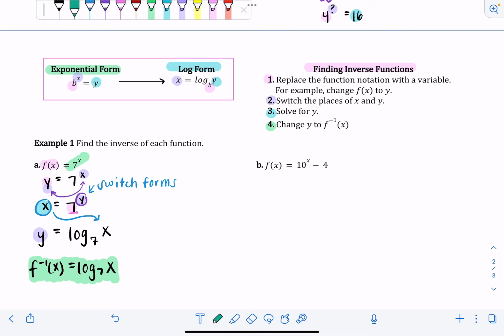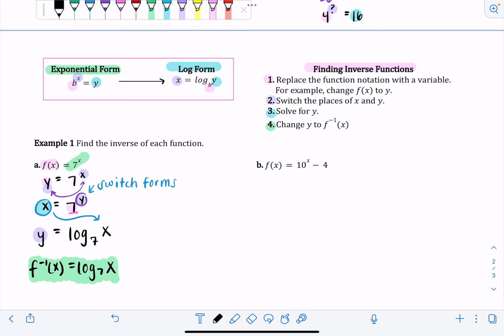So if you have an exponential with a base of 7, the inverse will be a log with a base of 7 and nothing else funky going on. When you have other parts of the original function, like how this has a -4, it's not quite as straightforward.